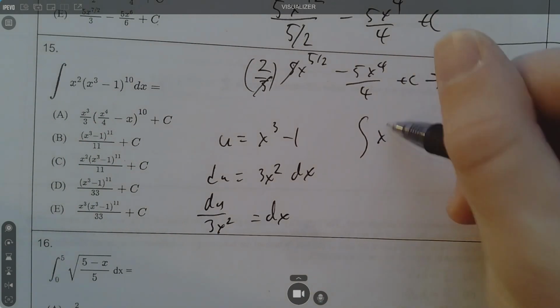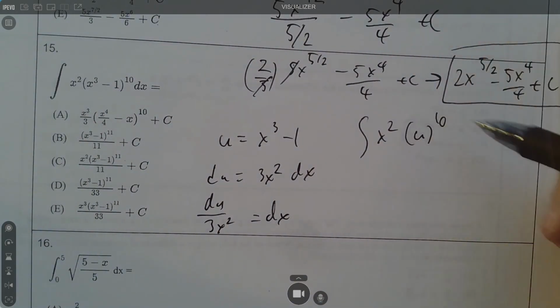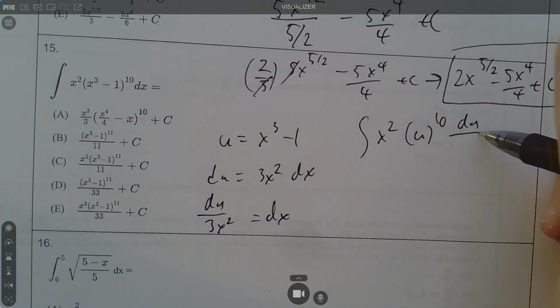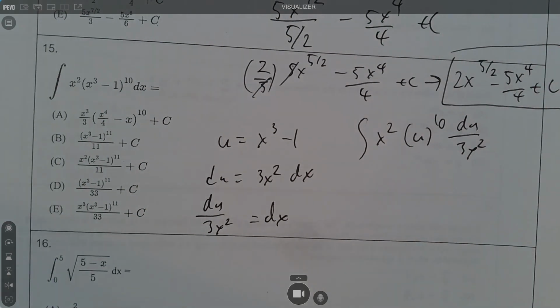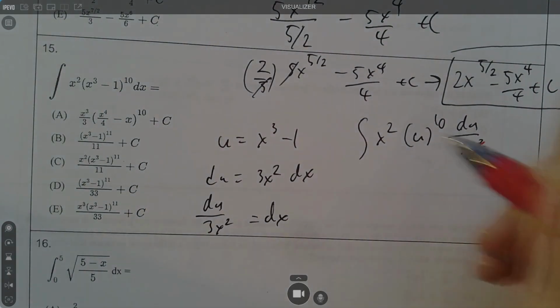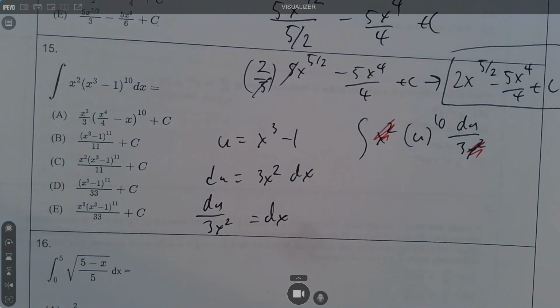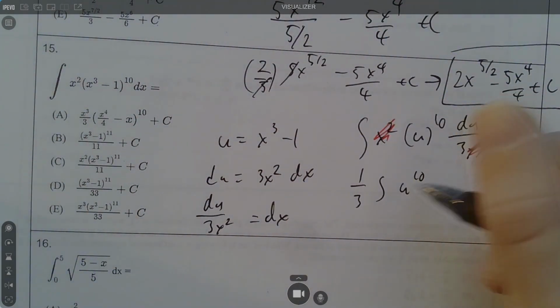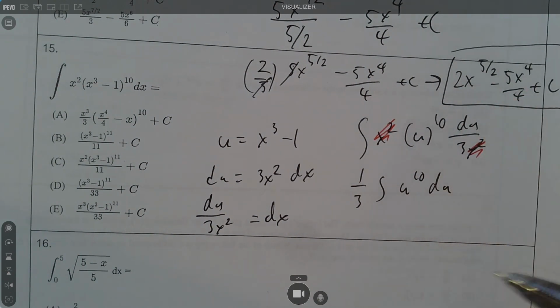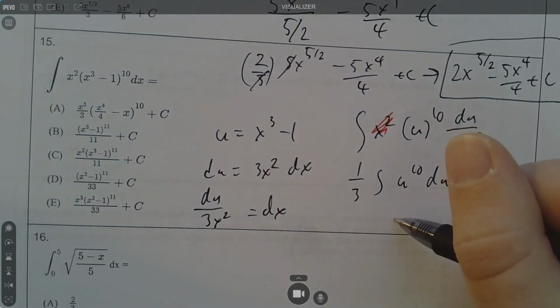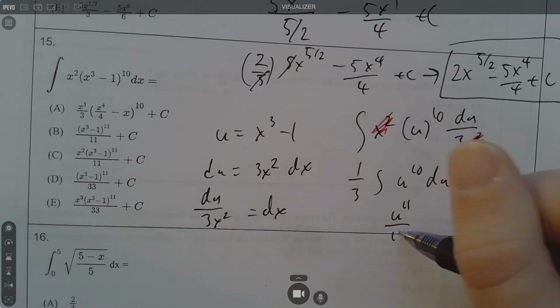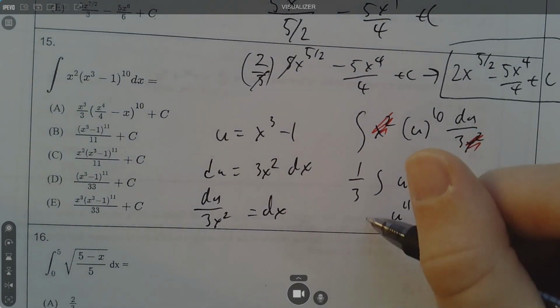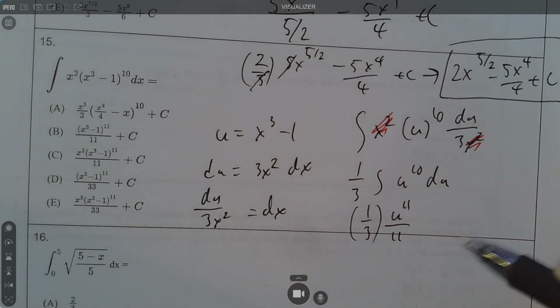Integral x squared u to the 10th du over 3x squared. X squareds cancel. Then I just have 1 over 3 integral u to the 10th du. Anti-differentiate. That's u to the 11th over 11, 1 over 3 plus c.